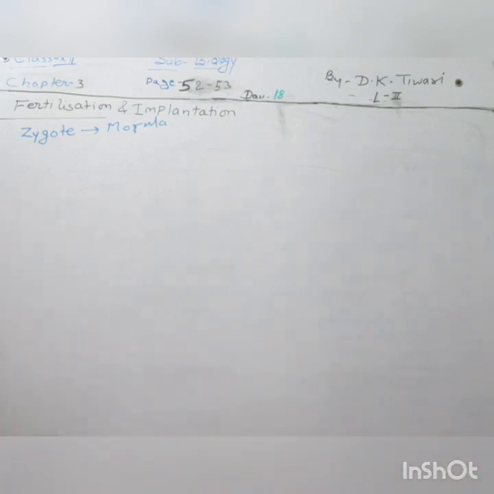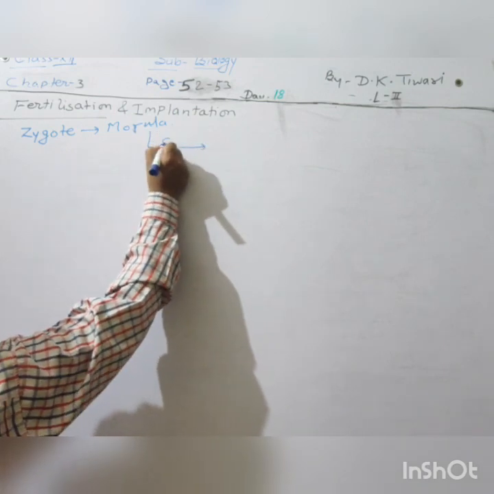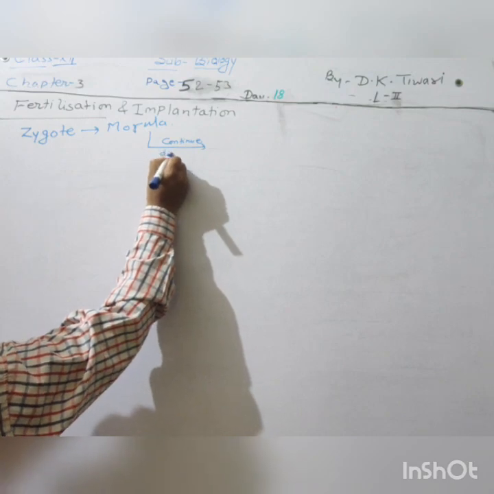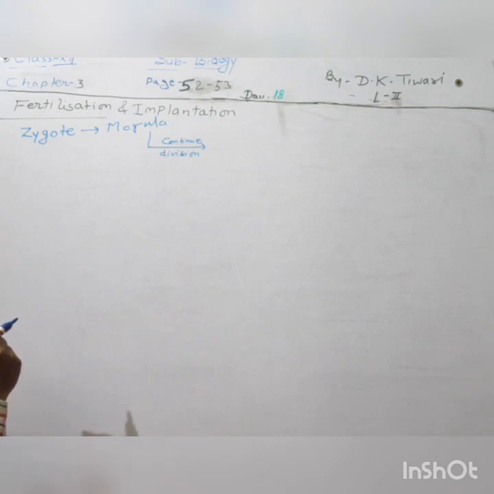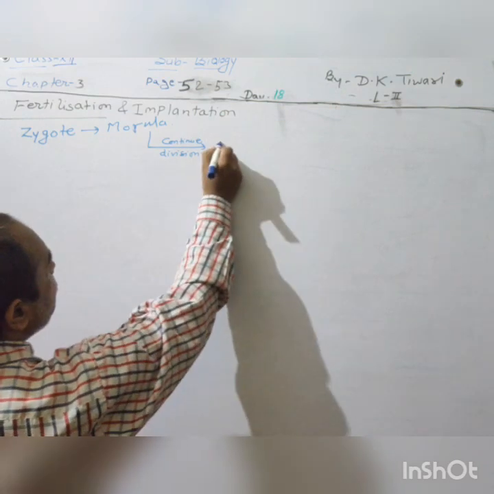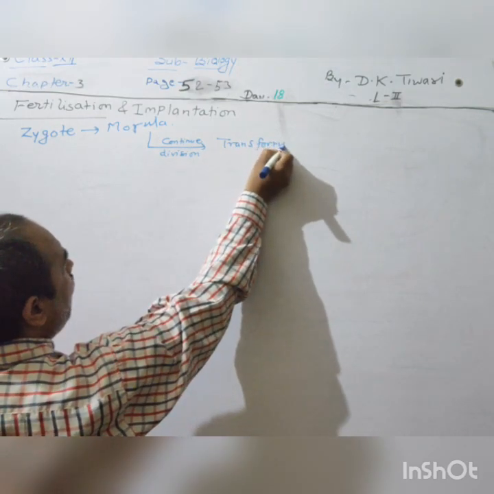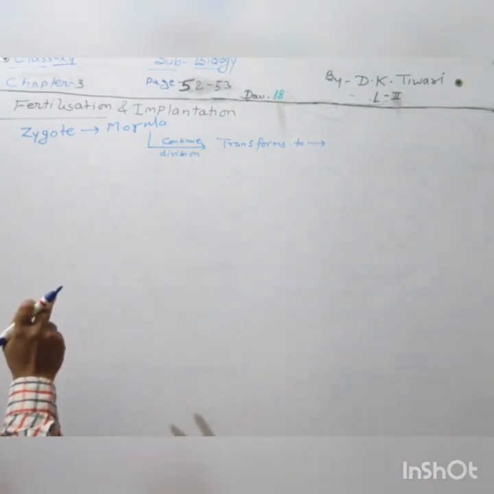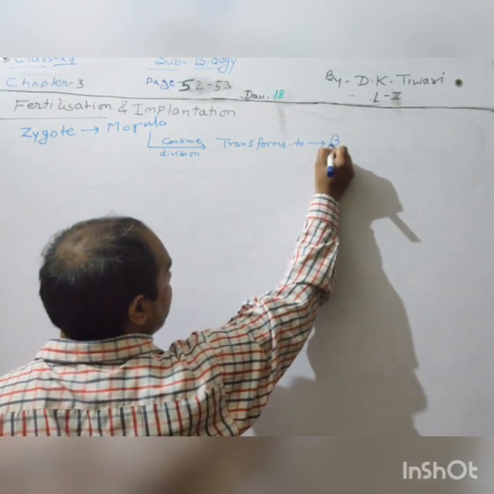Now, after this morula formation, the changes will continue. In this morula, there will be continuation of division. So the morula continues its division, and by this continuation of division, it transforms into the blastocyst.